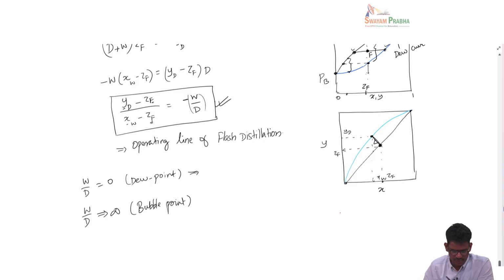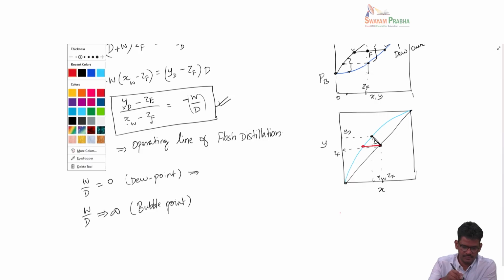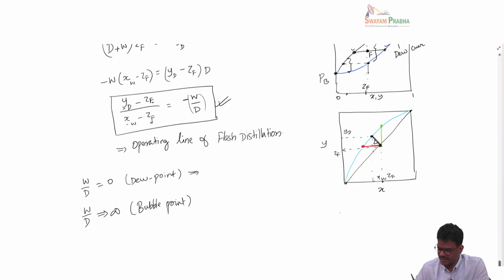So W by D is 0 corresponding to this line. Okay. And then this corresponds to W by D of infinity.